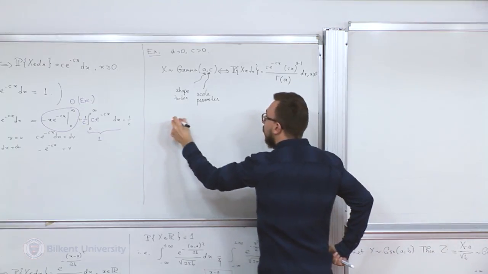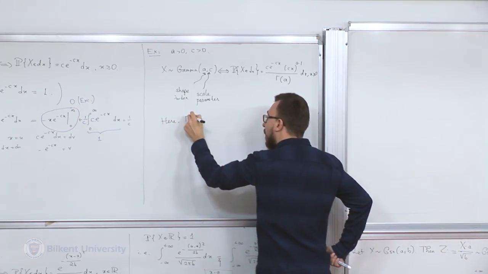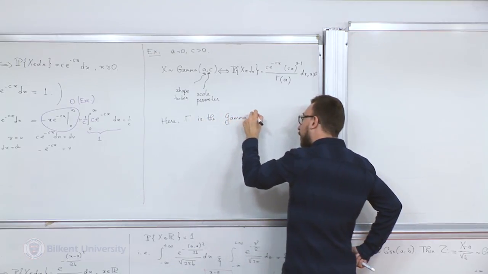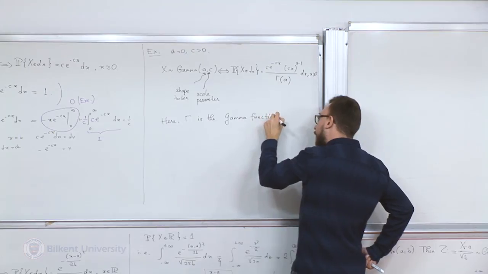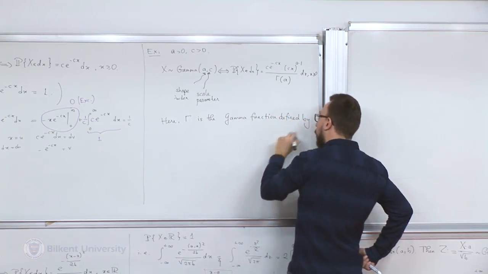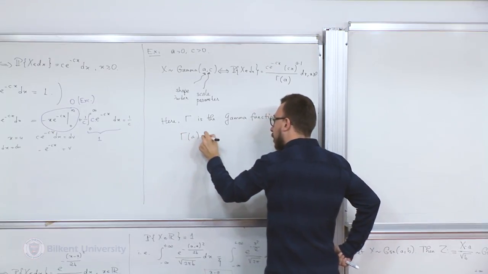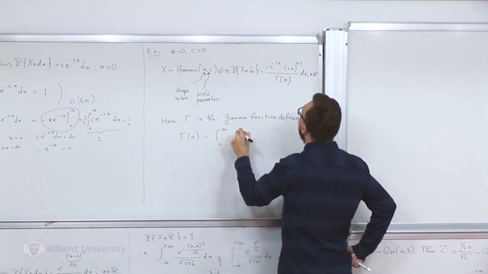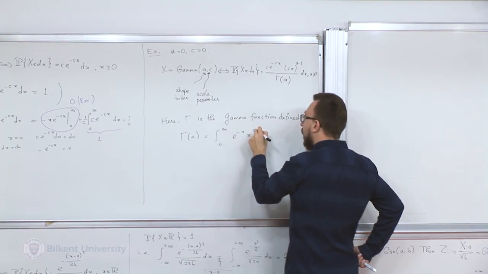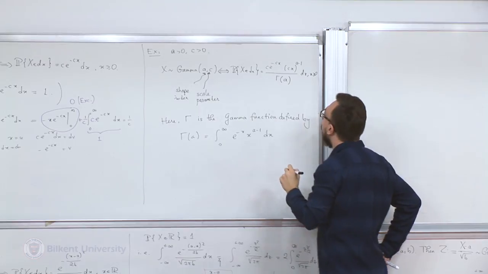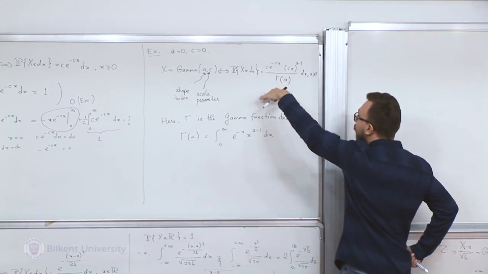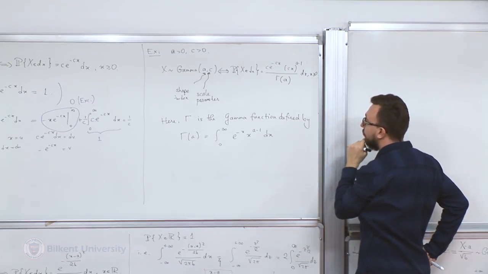Here, gamma is the gamma function, defined by the integral from 0 to infinity of e to the negative x, x to the a minus 1 dx.